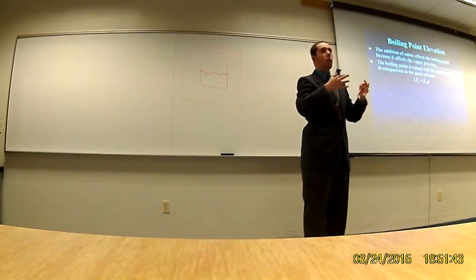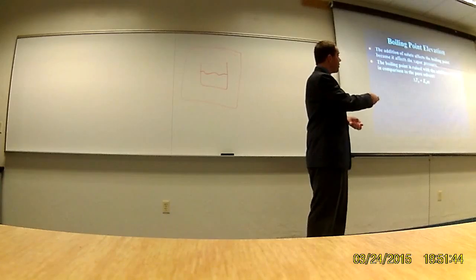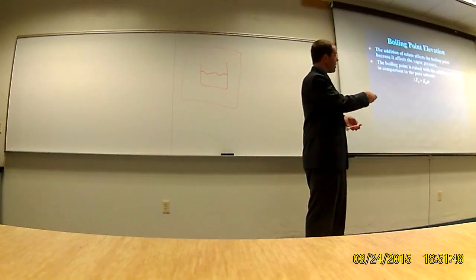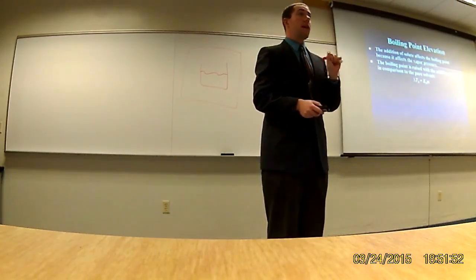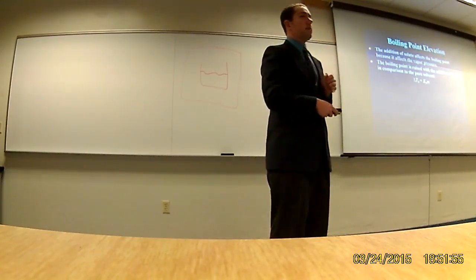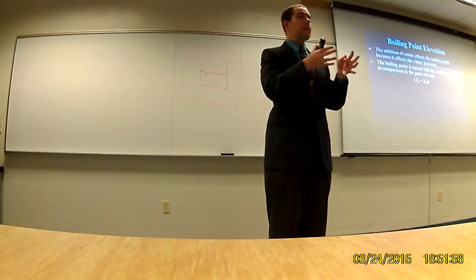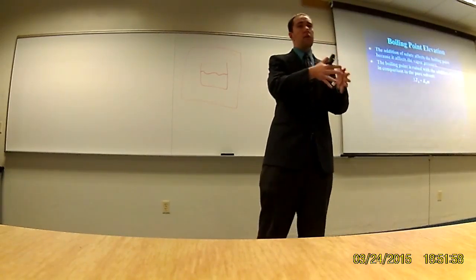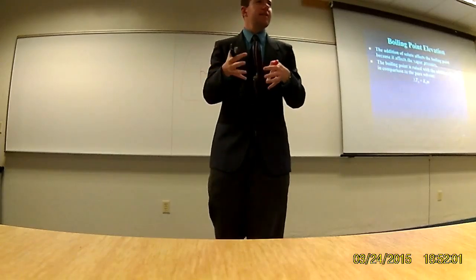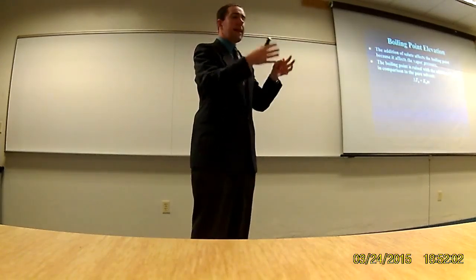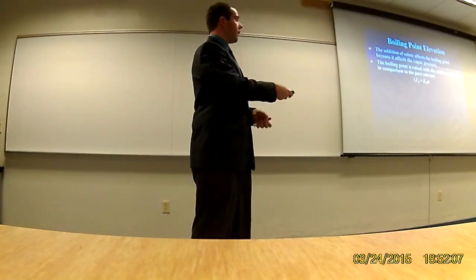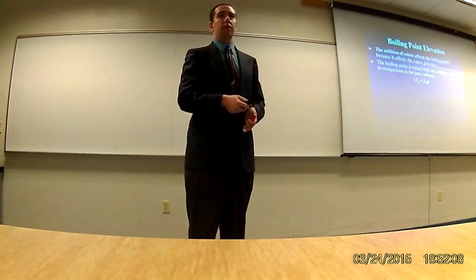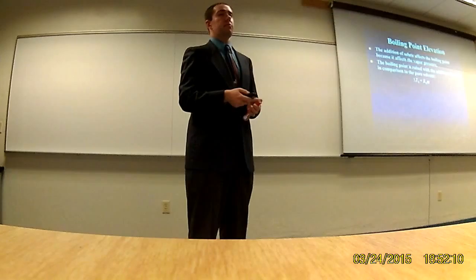Delta T_b is the change in boiling temperature, equals K_b times m. What is lowercase m? Molality. K is a constant. Every different solvent, water, ethanol, whatever, has a different K value. Take that constant, multiply it by your molality, boom, you have your change in boiling point. These are actually very simple calculations.